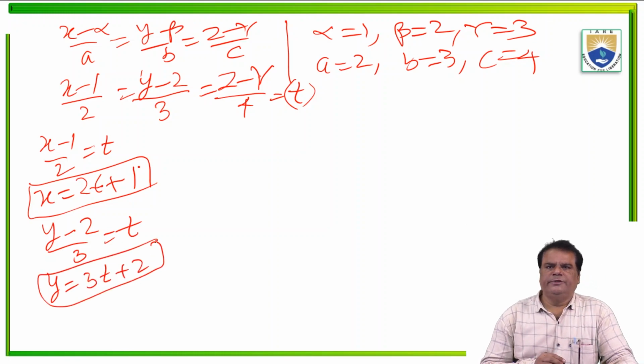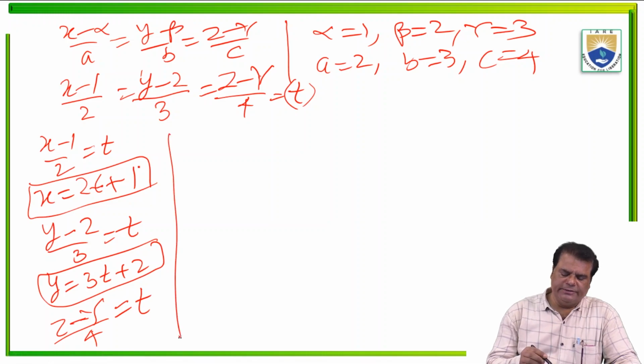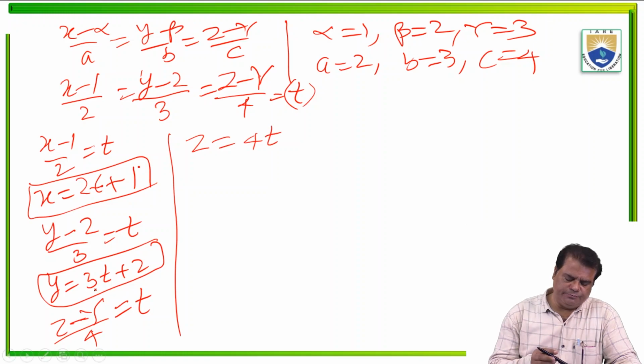And (z minus 3) upon 4 equals t, so z equals 4t plus 3.